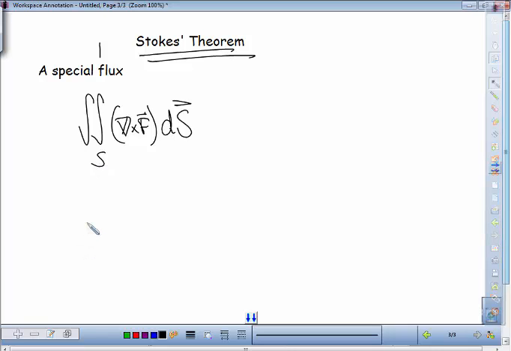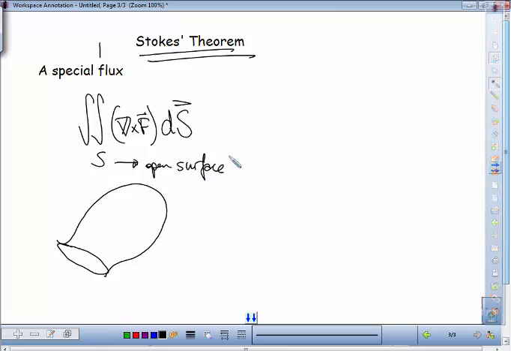Now we're going to imagine that we have an open surface. An open surface is a surface that's not closed. Wasn't that quarter of a sphere?